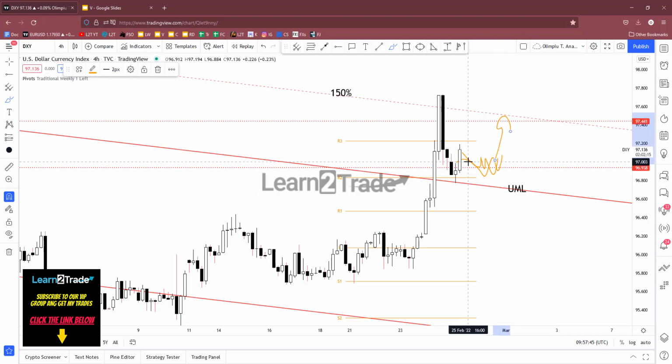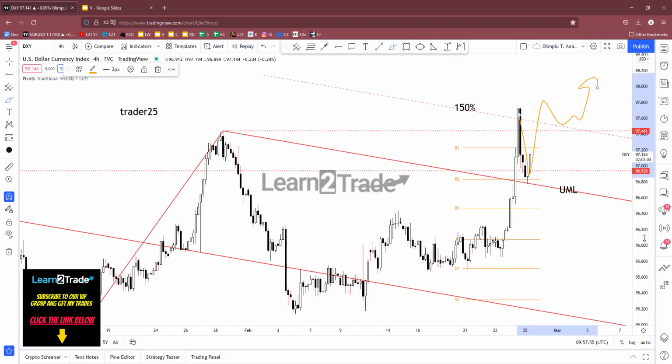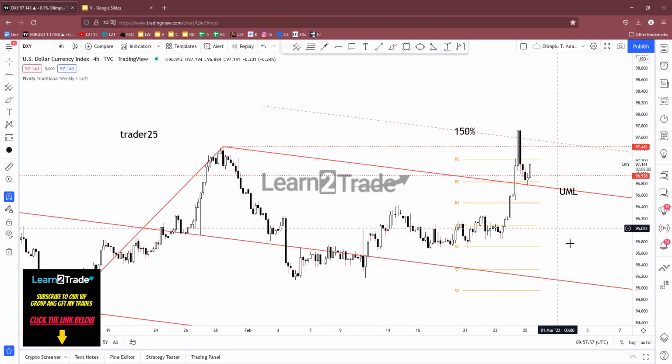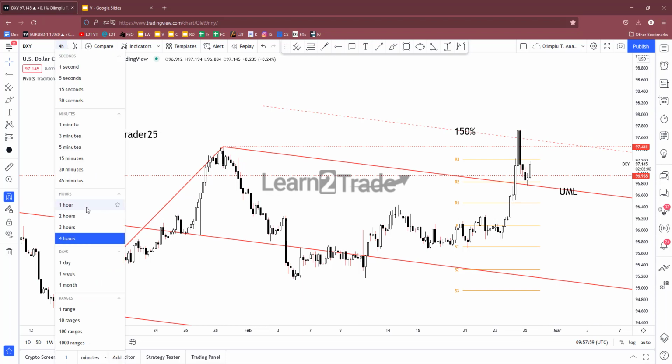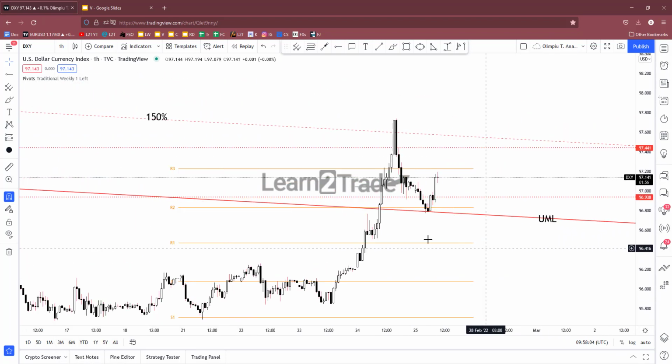Because in my opinion it's hard to believe that the dollar index, after something like this, will make a new higher high and continue its upward movement. So personally, I'm looking for something like this. I'm waiting for confirmation on the dollar index before I go long on the US dollar.